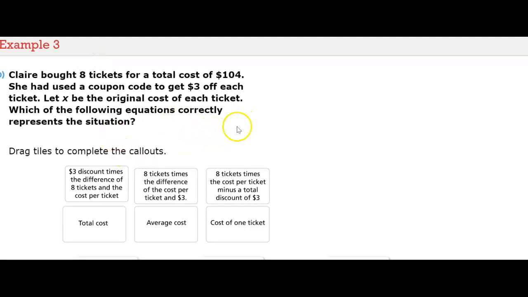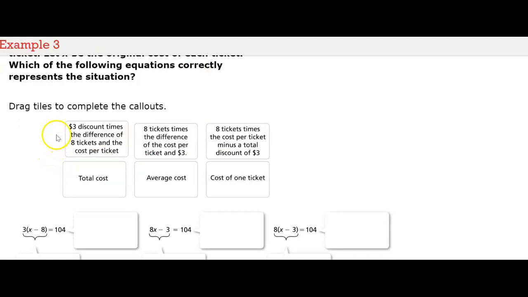So let's do that. All right, so $3 discount times the difference of 8 tickets and the cost per ticket.